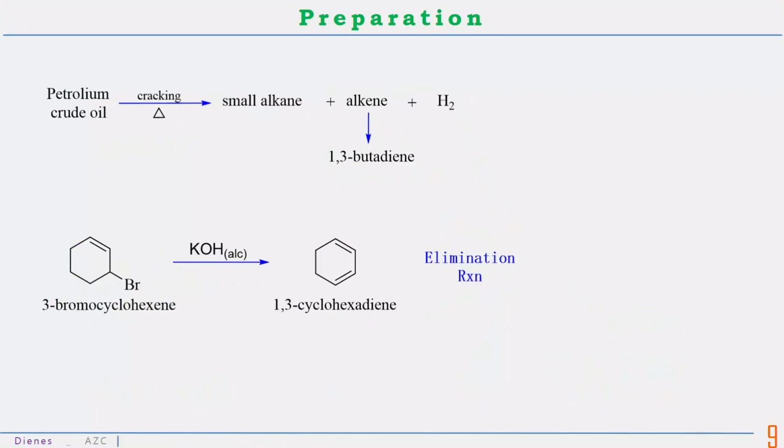Dienes obtained from petroleum crude oil are produced as byproducts during thermal and steam cracking of crude oil. E2 elimination reaction of 3-bromocyclohexene produces 1,3-cyclohexadiene.